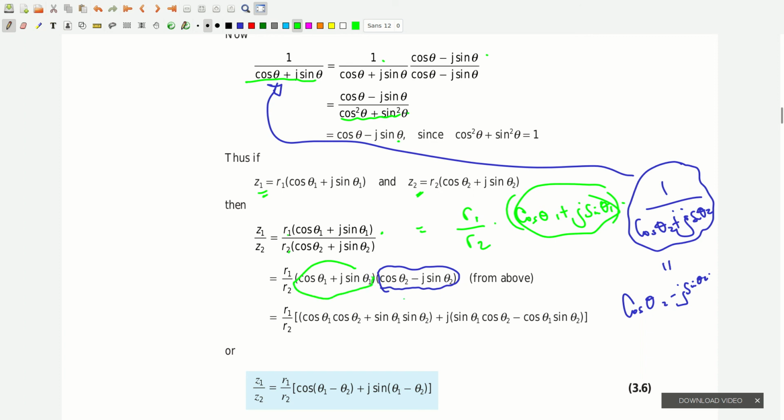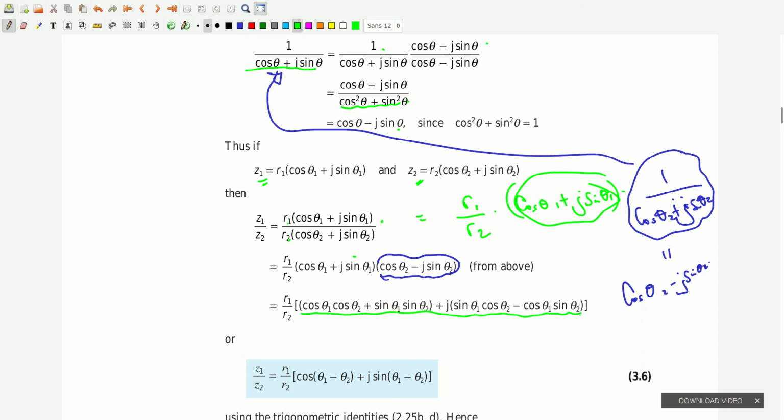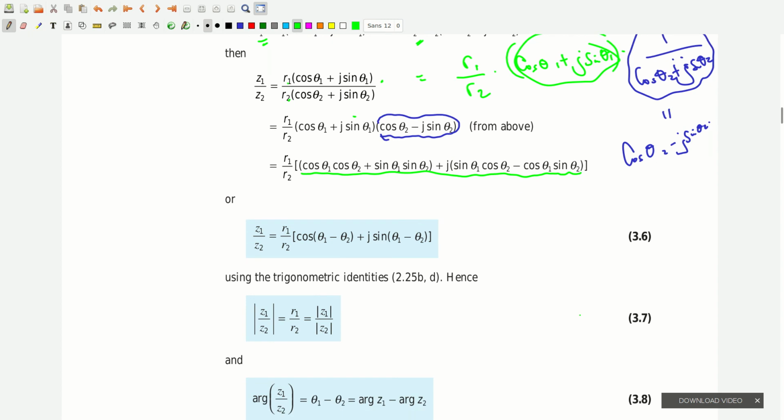Okay, and then we can expand. Yes, expand and collect like terms. So we come up with this expression, which can be reduced to this.